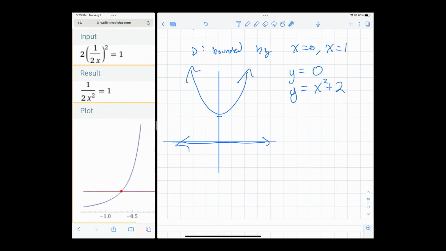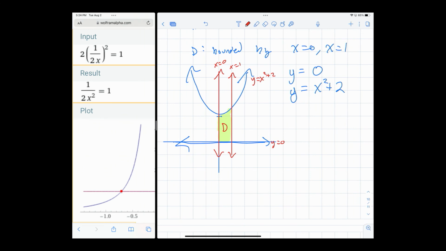And then x equals 0, x equals 1. Those are vertical lines. So the region that we're looking at must be this region in between them.